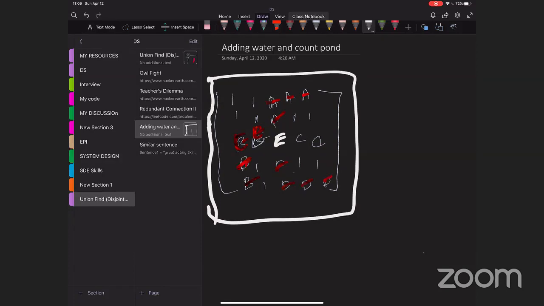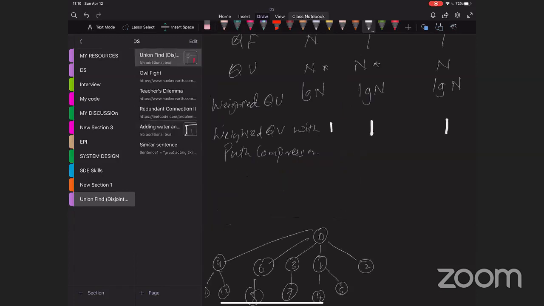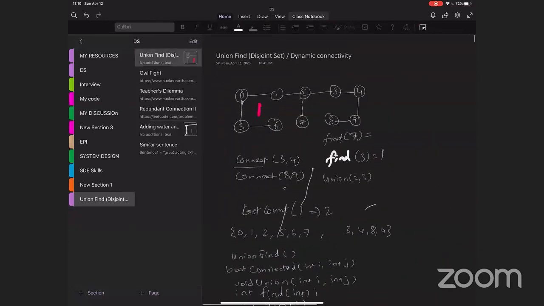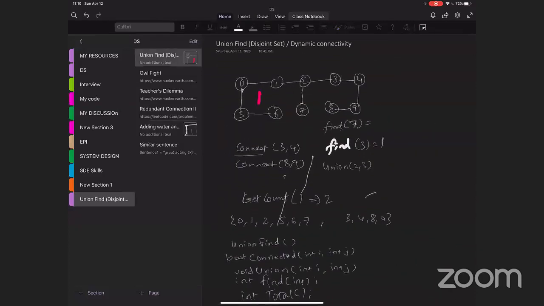Okay, so it's more about dynamic membership verification. Yes, exactly, that's correct. I think that's where we started. Yes, we call it dynamic connectivity also. Wherever we need this kind of connection, most of the time we have to answer whether you are connected or not.